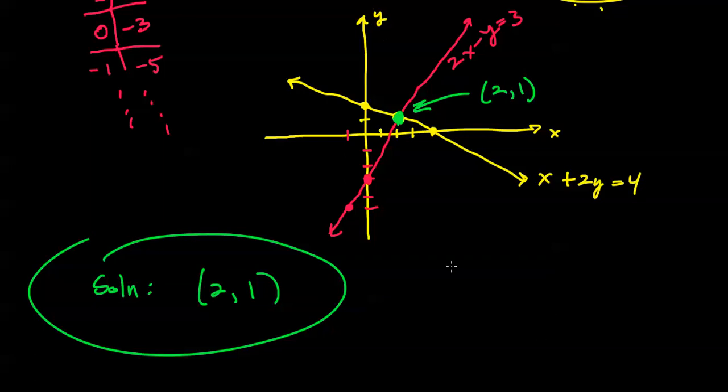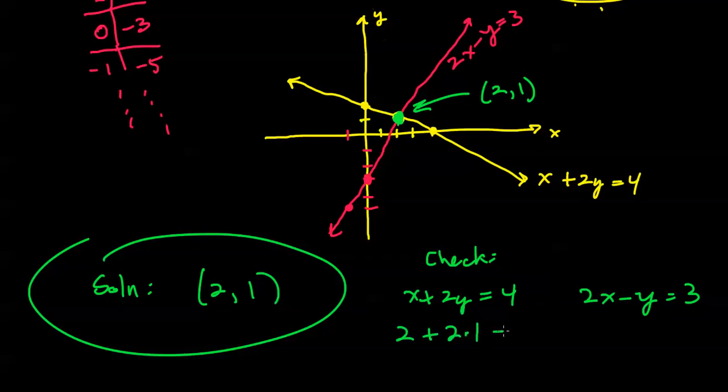Alright, we can check this very easily in our two equations. Remember, this point has to solve both equations. So let me write them both down here. And I'll substitute. When x is 2, y is 1.